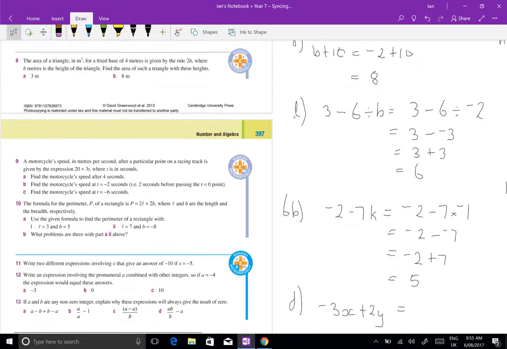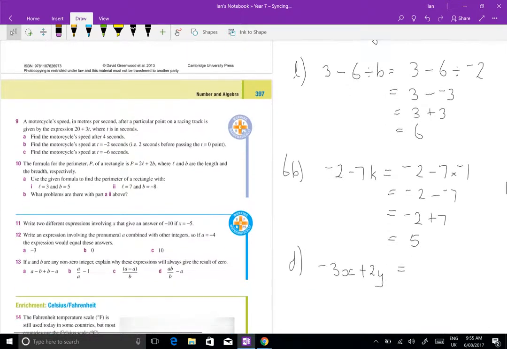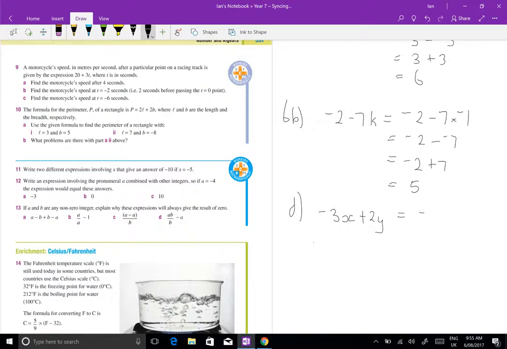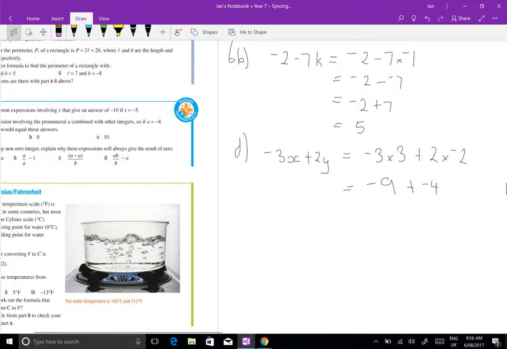Let's now substitute into our pronumerals the values for x, 3, and y, -2. So -3 times, put 3 in for x, plus 2 times -2, put in -2 for y. -3 times 3 is -9, plus 2 times -2 is -4. -9 plus -4 will give me -13. Again, you can do that on your calculator.